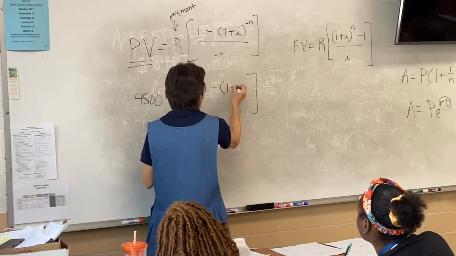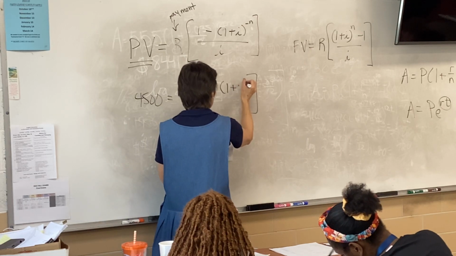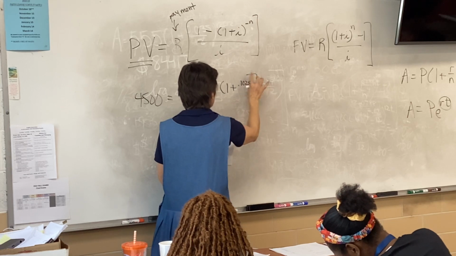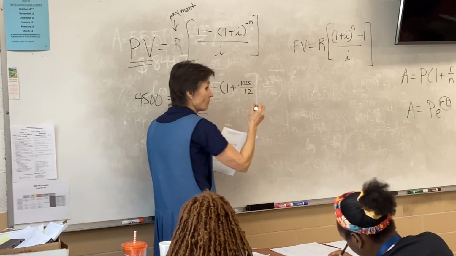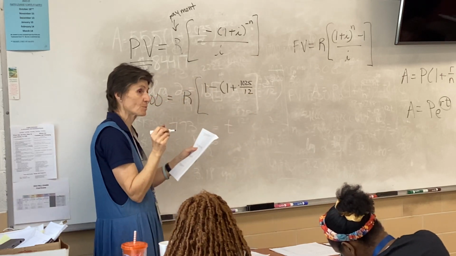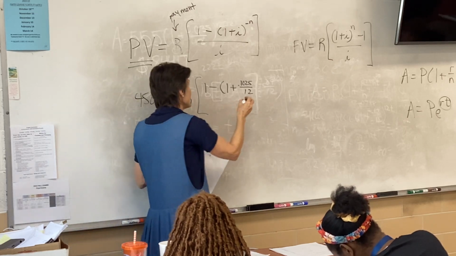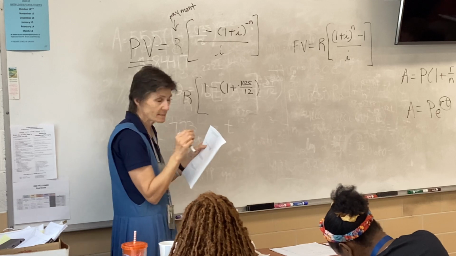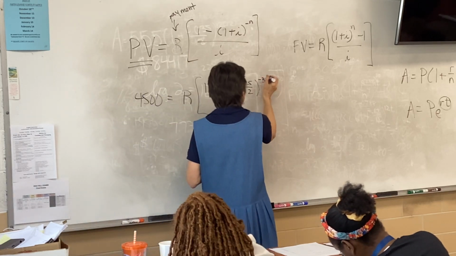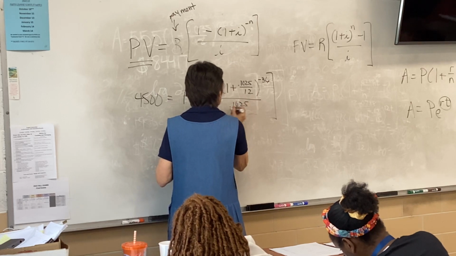The interest rate is 0.1025 divided by 12, because she's making monthly payments, right? What's my exponent? How many of these is she making? 36, so negative 36, remember negative in this formula, 0.1025 over 12.